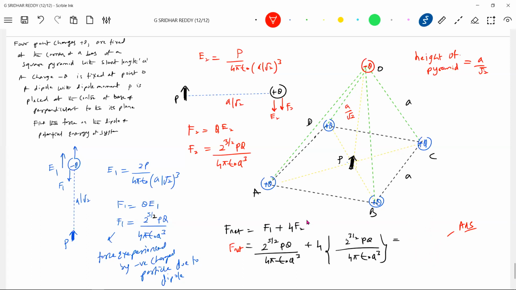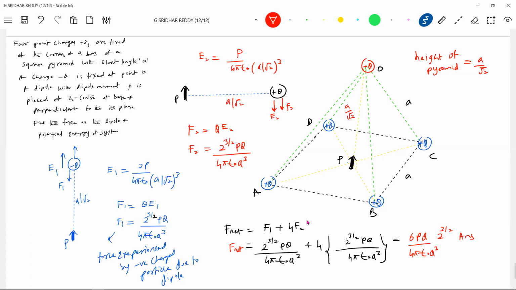I'll write it in a better way: 6 pq by 4 pi epsilon naught a cube. This much, huh? Yes, sir. Yeah, fine. Okay, nothing big. Already what we know, we have just applied it.